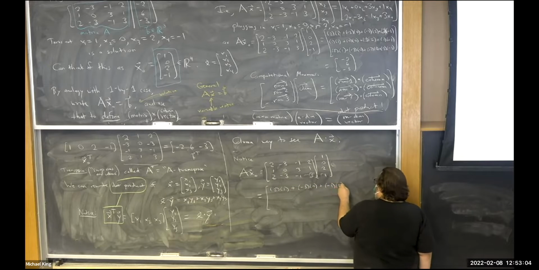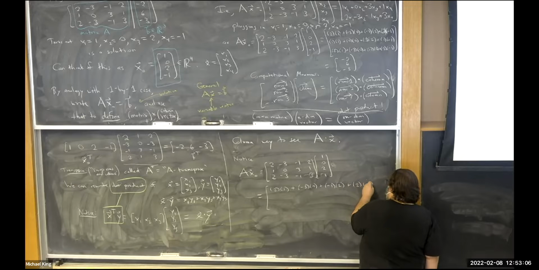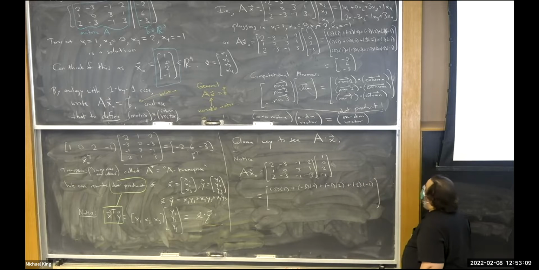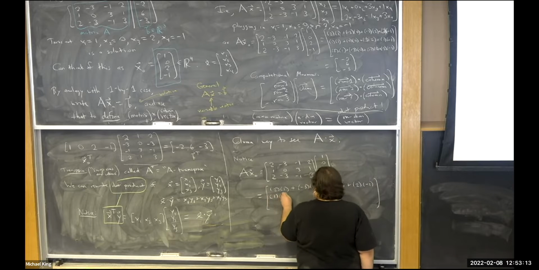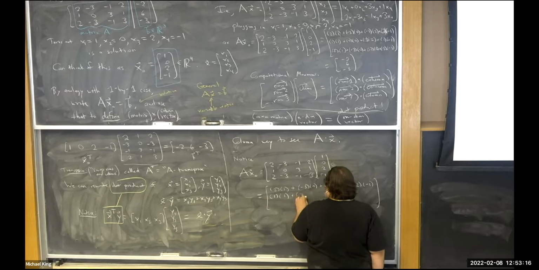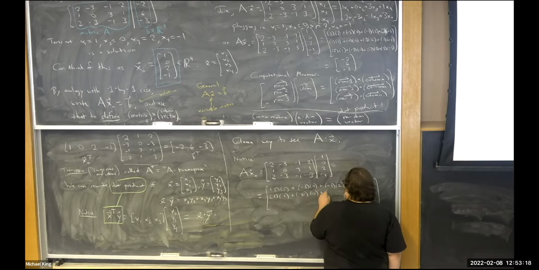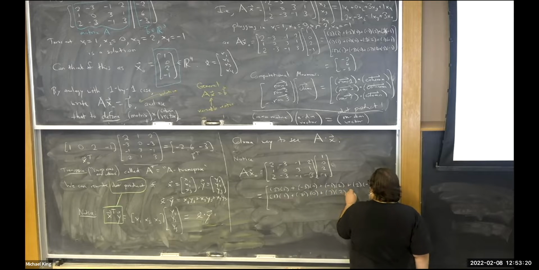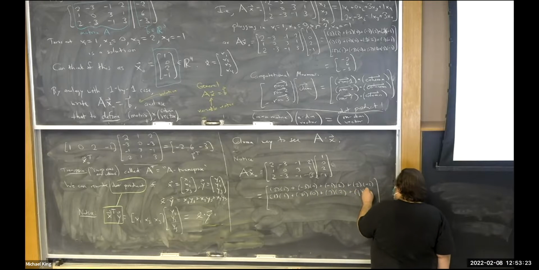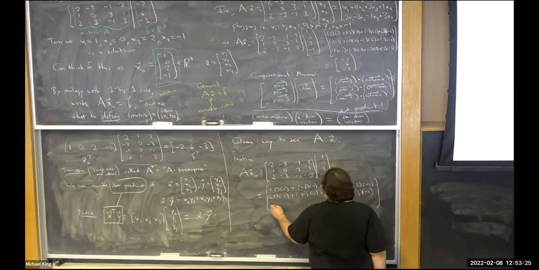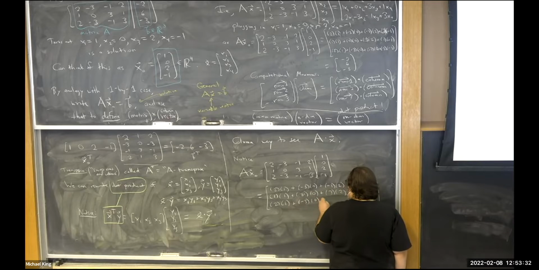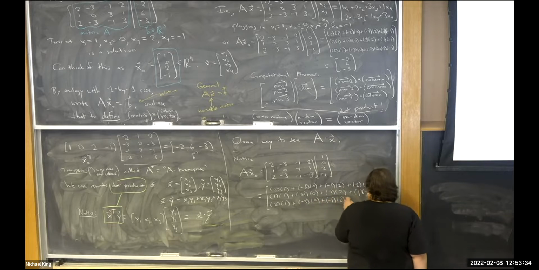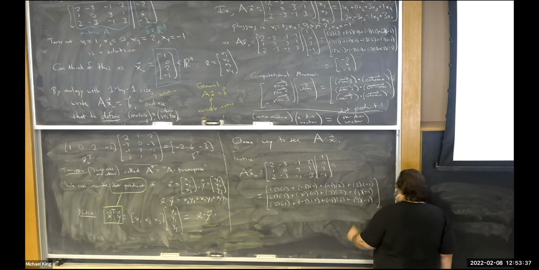Negative 1 times 2. 2 times negative 1. That was the first row, right? And then similarly the second and third row: 1 times 1 plus 0 times 0 plus 3 times 2. I'm really just doing the dot product in my head.